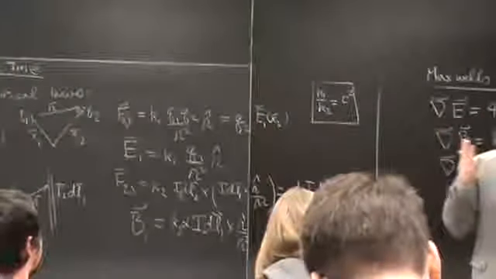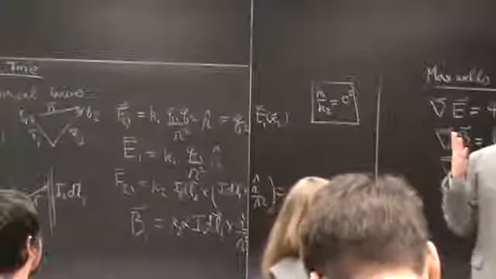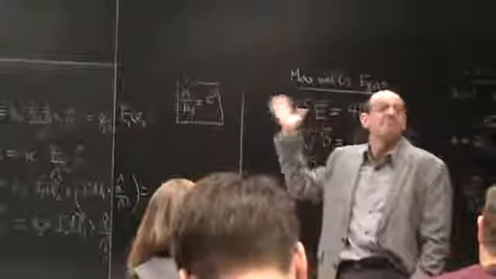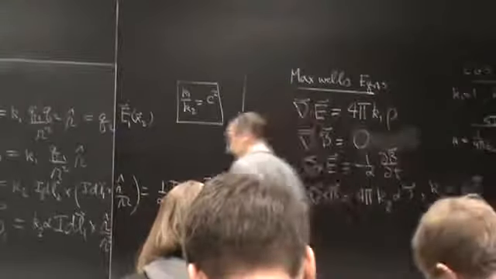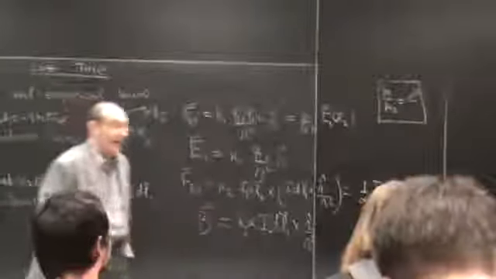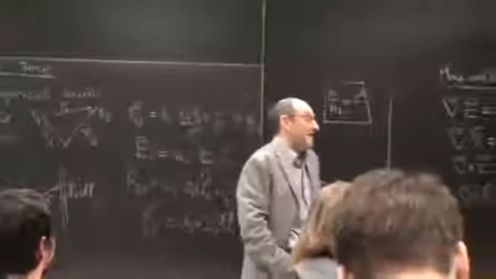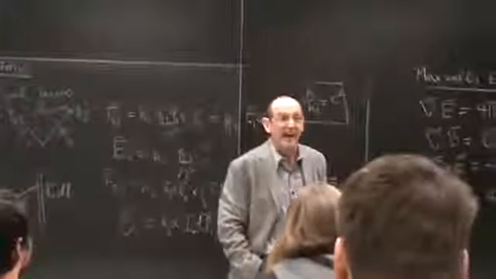And that velocity turns out empirically to be nothing other than the speed of light, which is already a hint about the relationship between light and electricity and magnetism. Quite a profound hint, in fact.